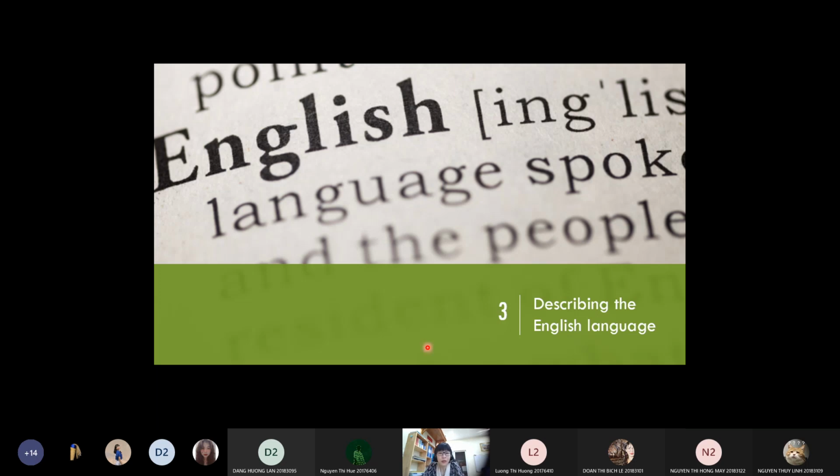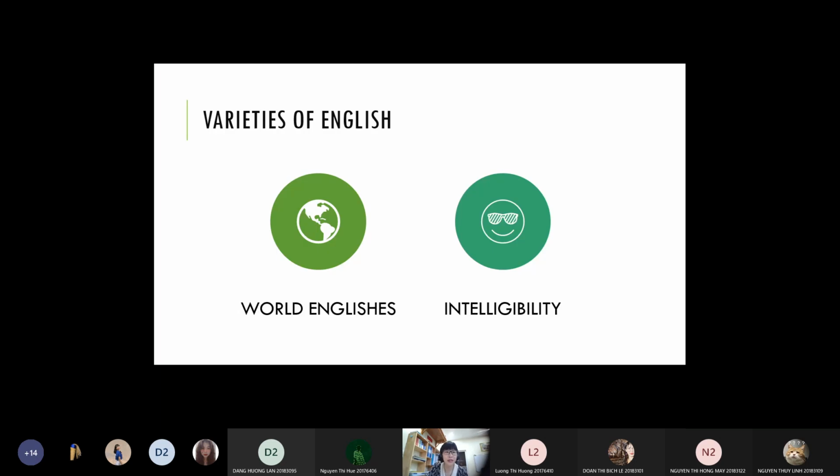Okay, now let's move on to the last part of the lesson today before we stop, because I know this is already the end of the day and the end of the week, and you may feel tired. Right, so how do you understand World Englishes and intelligibility, and which implications do they have for English language teaching?